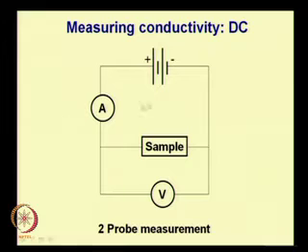Now if we take this part of the circuit, which is the wire that is leading up to the sample itself, and the wire that is going away from the sample, let us look at what is happening to the potential through this region. Let us remember that the wire itself has some finite resistance, the sample has some finite resistance, which is what we would like to determine, and the wire on this side also has finite resistance.